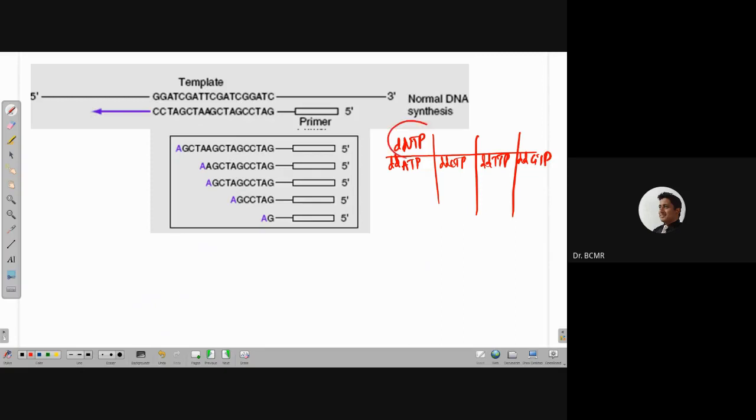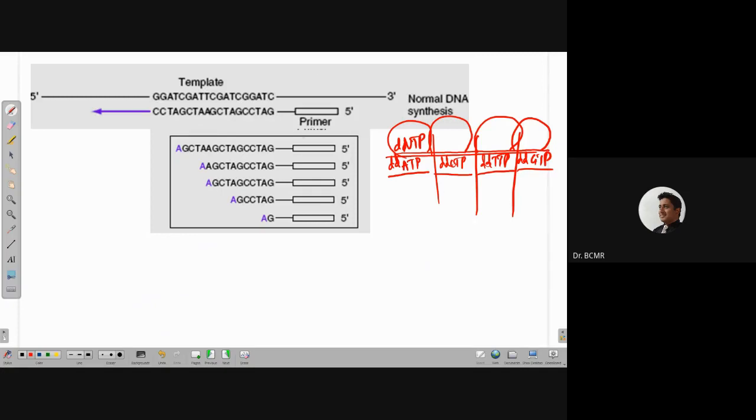The rest of the compounds, buffers, enzyme, everything is common in all the reactions. The only difference is that in addition to them, in one reaction they would have added dideoxy ATP, in another dideoxy CTP, in one dideoxy TTP, and in the last one dideoxy GTP.